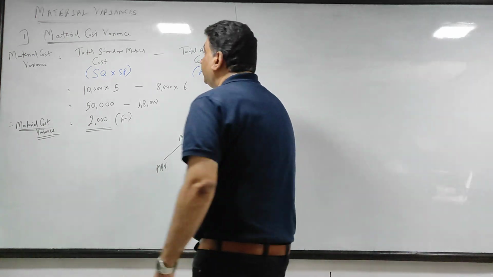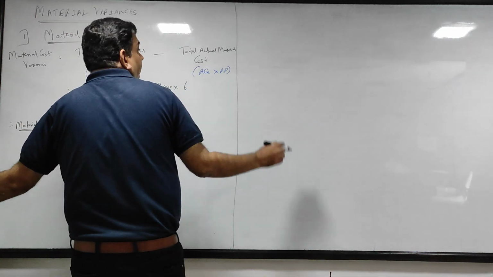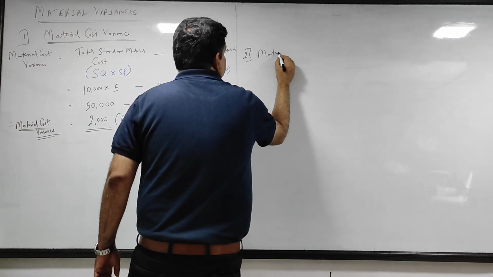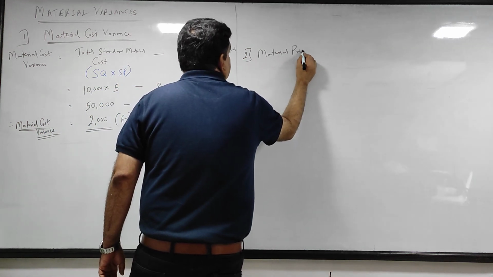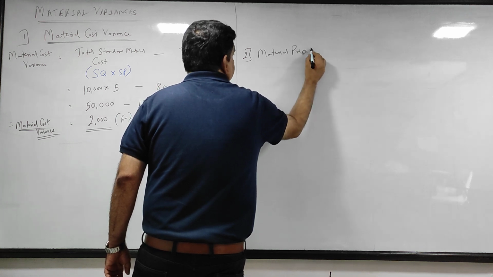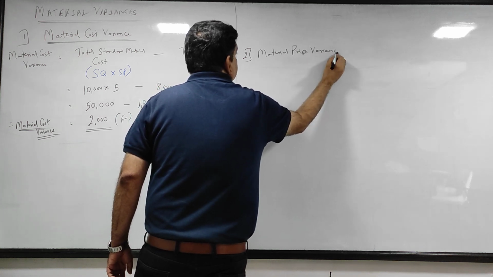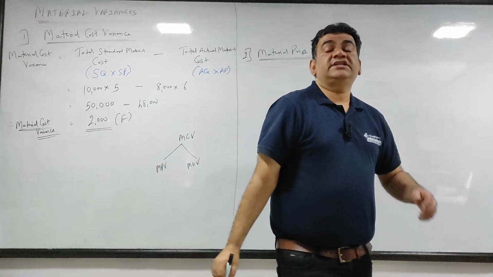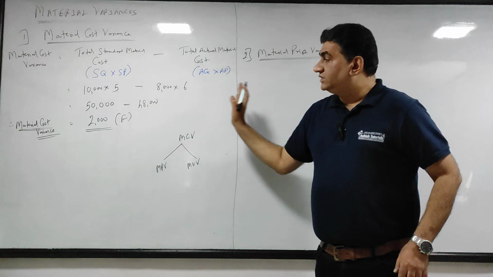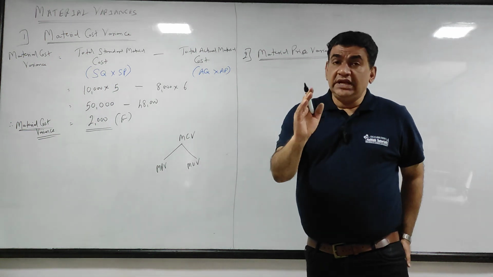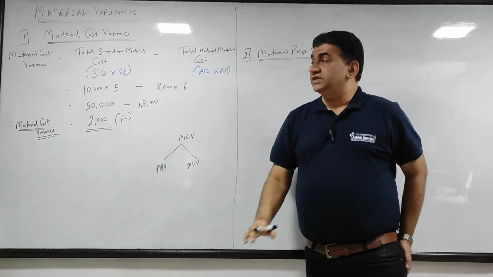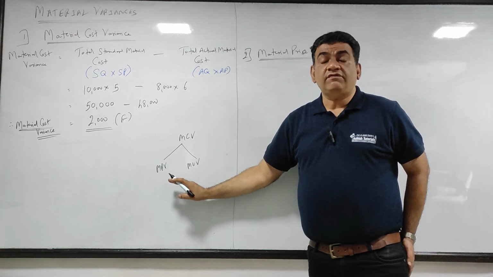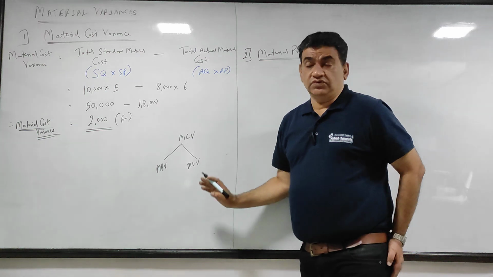So now let's take the second part, or the second formula, that is material price variance. That means what is the change due to change in price? What is the change in cost only due to price fluctuation? This is total cost. Total cost we will now further analyze into price and usage.